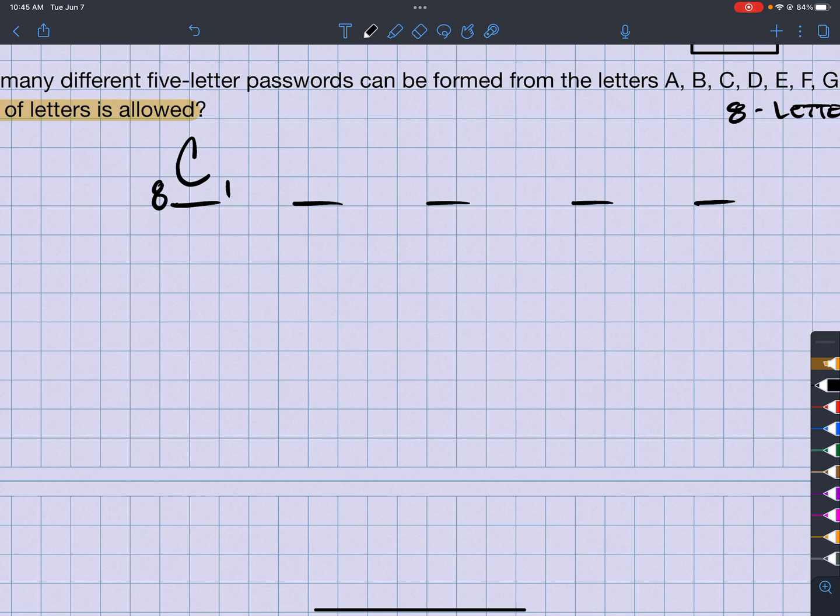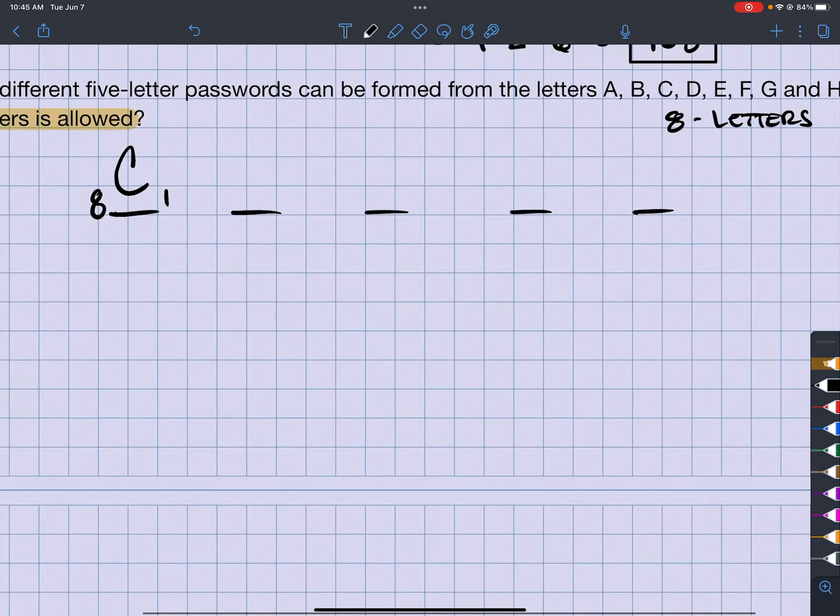So from there, what happens? For the second letter of the 5-letter password, one of the letters is gone, so I only have 7 letters left. I can choose one of the 7, and that letter is gone now.